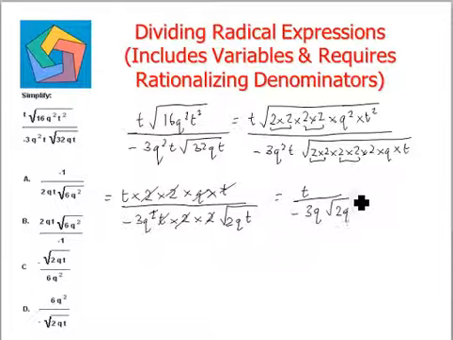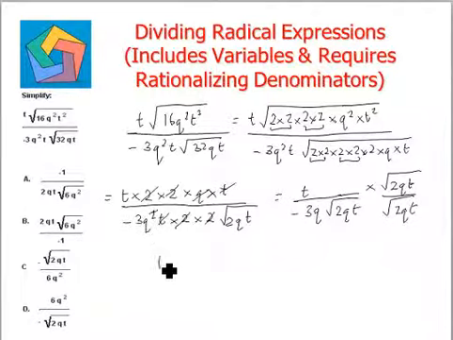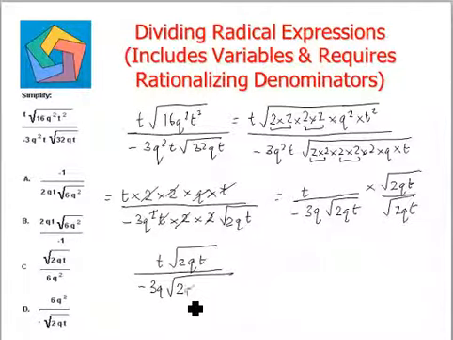Now this can be rationalized by multiplying and dividing with the radical portion. So in the numerator we have t times square root of 2qt, while in the denominator we have negative 3q. This is 2qt times 2qt.